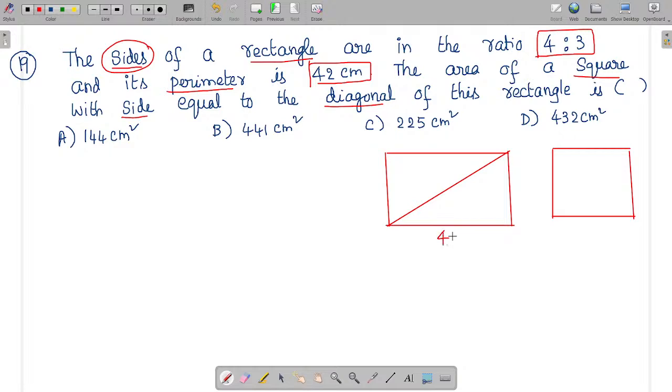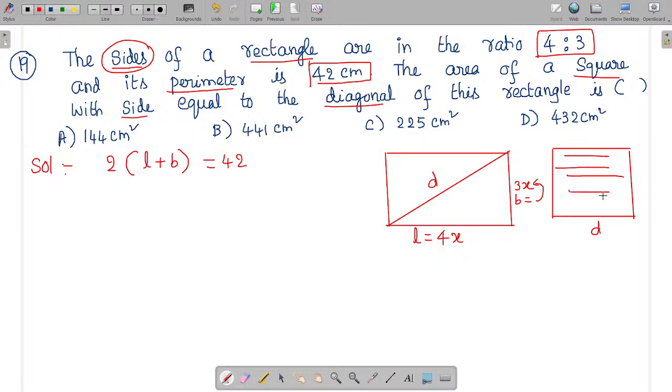For example, if this is 4x, this will be 3x. And what is given? The perimeter of the rectangle is given. This is the length, this is the breadth B. Say diagonal D, this becomes D. This area we need to find out. Later we can evaluate it, don't worry.